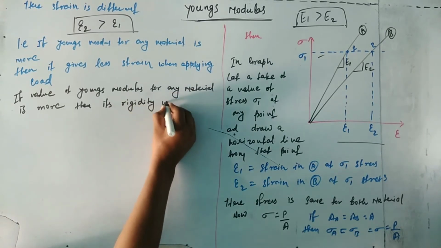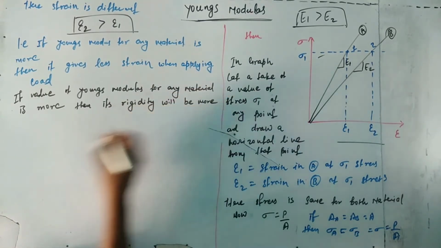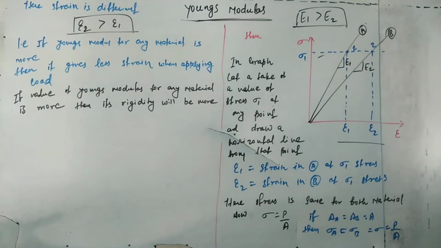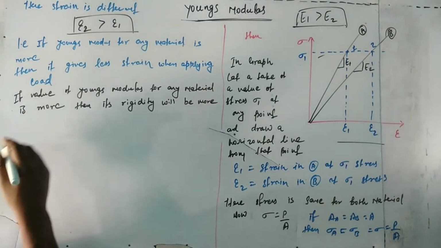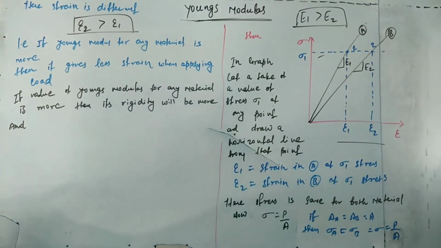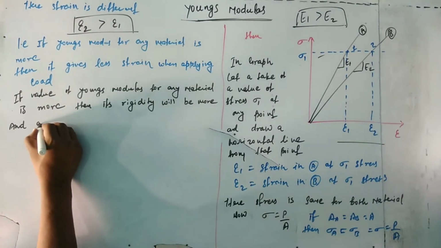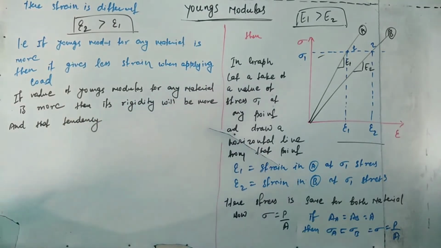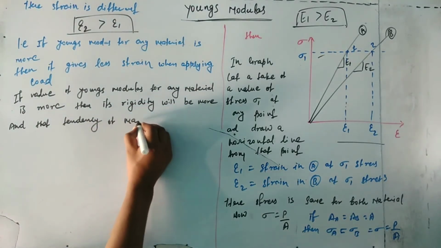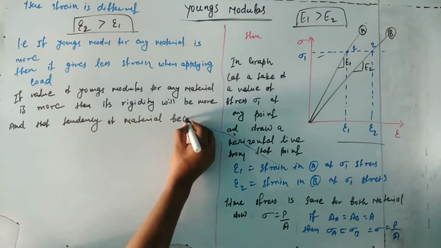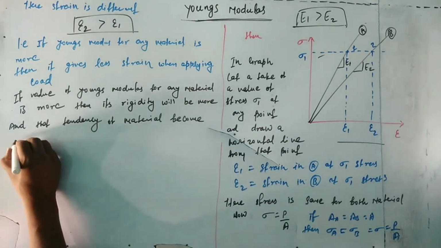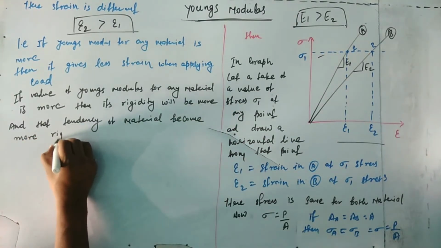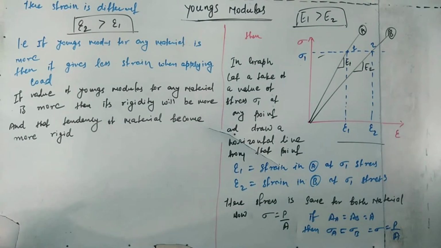We can say the tendency of the material to become more rigid will be more, and it indicates the stiffness of the material. If the rigidity is more, then its stiffness will be more.